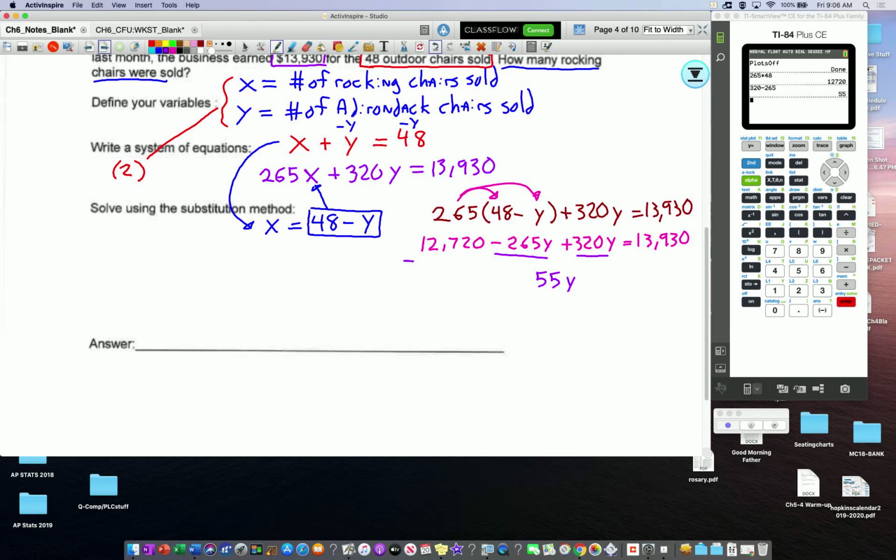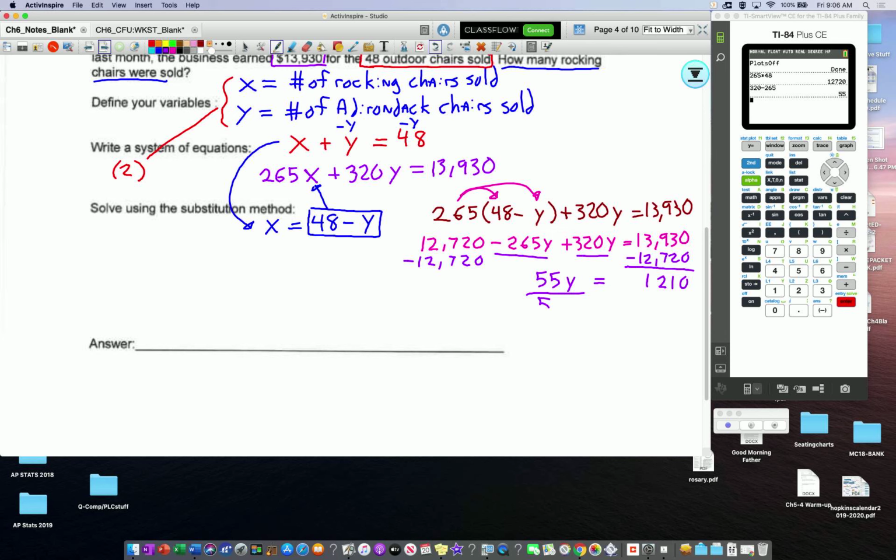I'm going to do the same step. I'm going to take the number and subtract it from the other side. So now if I subtract those 2, I'm actually going to do this old-fashioned. 3 minus 2 is 1, 9 minus 7 is 2. Okay, so I get 1,210.